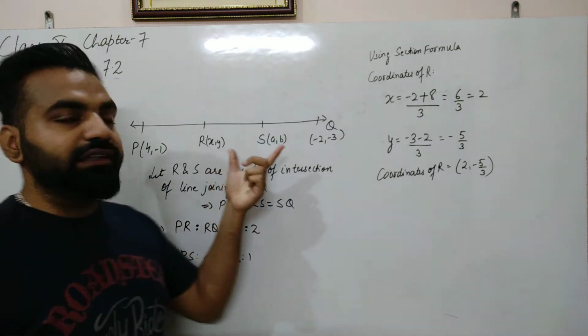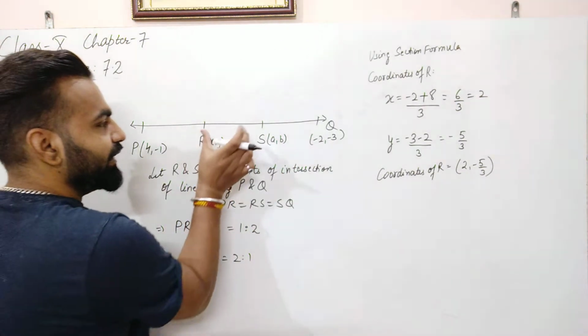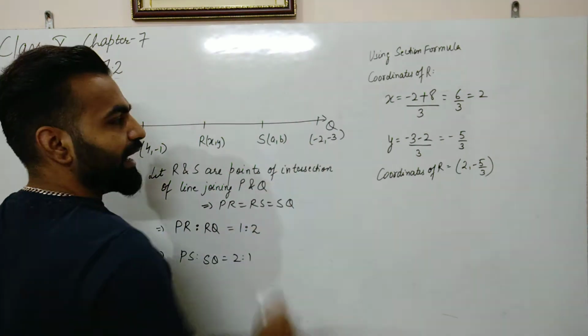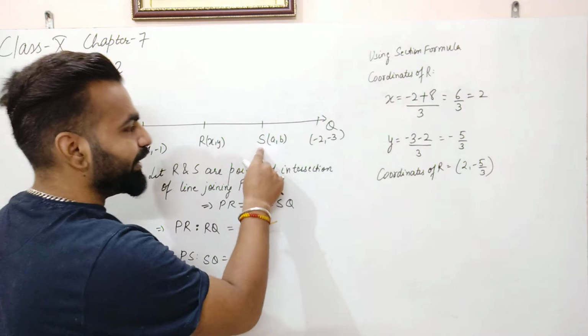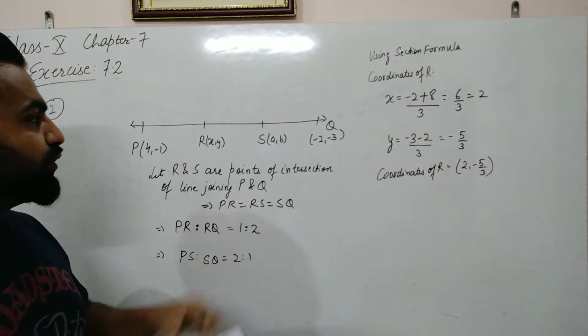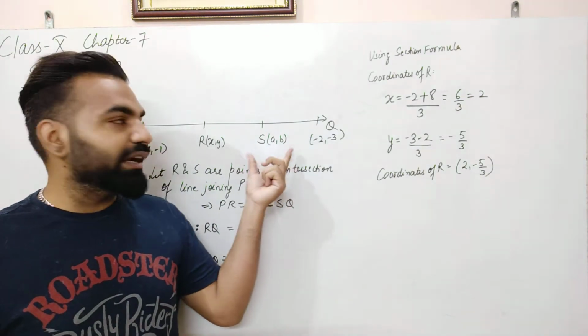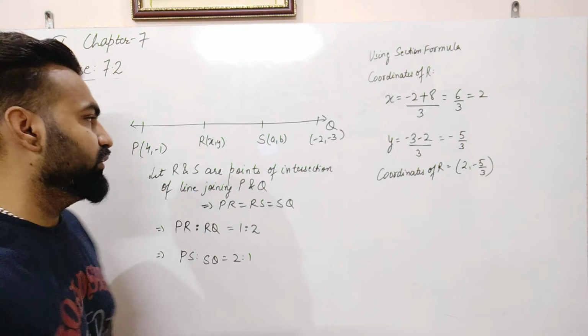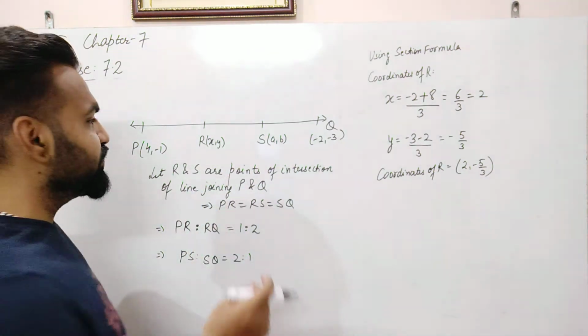Or there is another method. We can see that RS is equal to SQ. So this point S will be midpoint of R and Q. And I told you whenever the point is midpoint, we can directly use the midpoint formula. Clear? That is a special case of section formula.